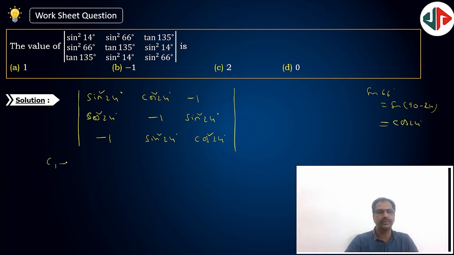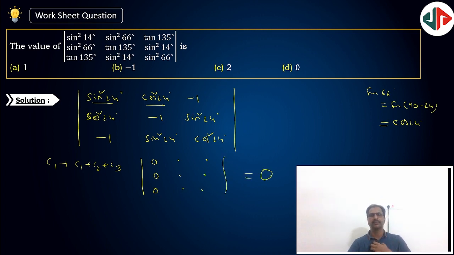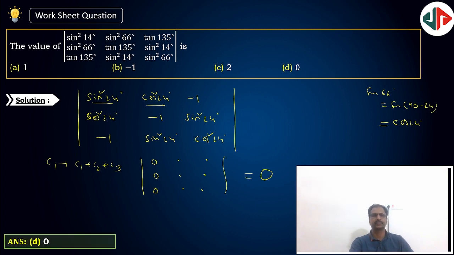Now, for the first column, apply C1 plus C2 plus C3. Sin square theta plus cos square theta is 1, minus 1, 0. Here also we will get 0, here also we will get 0. If any row or column has all zeros, the value of the determinant is 0. So option D is correct. So there is a mistake in the question.